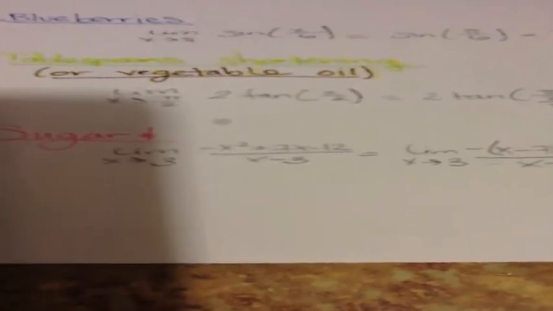Alrighty. Okay. So we also need sugar. And so we have the equation (-x squared plus 7x minus 12) over (x minus 3), and we have to find the limit as x approaches 3. So first, we have to take out that negative.